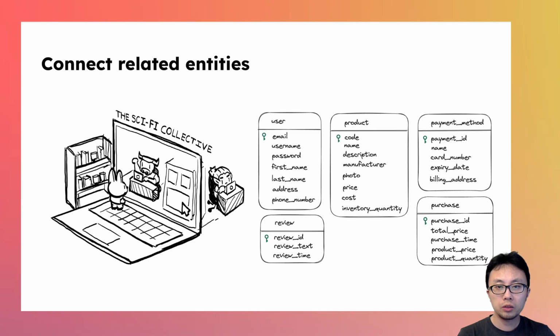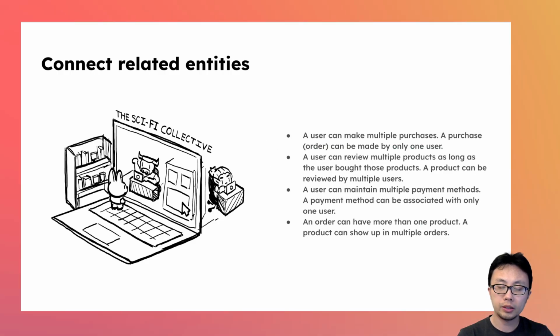Imagine that you are working towards designing a database for an online store named the Sci-Fi Collective, and have identified all the entities, attributes, and the primary keys. Beyond the entities and attributes, you have also extracted a set of relationships from your requirement analysis. The next immediate task you will face is to connect the entities using lines based on the summarized relationships.